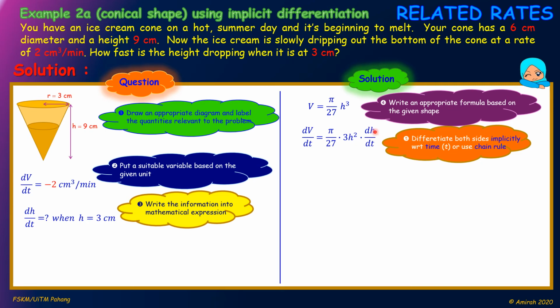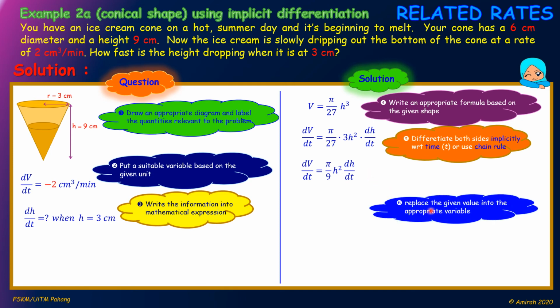If we differentiate with respect to h, so at the back is dh over dh, which is equals to 1 and no need to write. But now we differentiate with respect to t. That's why we must put dh over dt at the back. And then we can simplify 3 and 27 here. So we got 1 over 9. So after we simplify, we have dV over dt equals to pi over 9 h squared dh over dt.